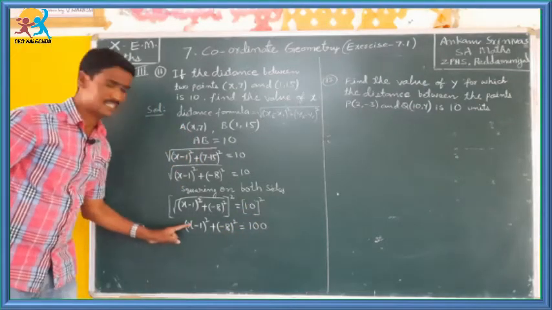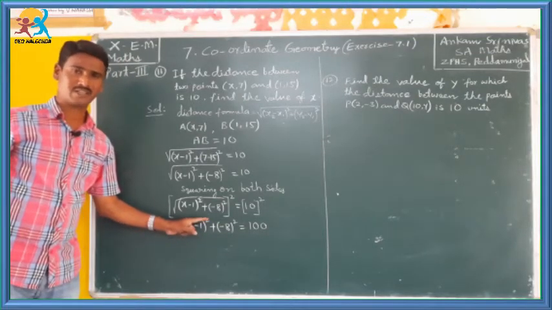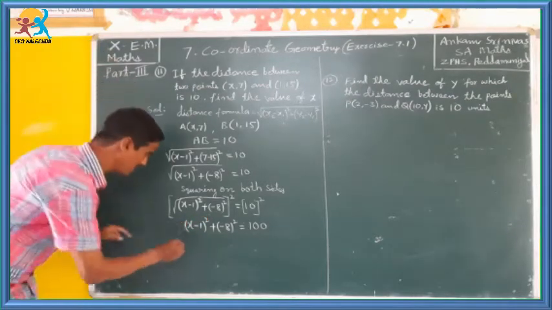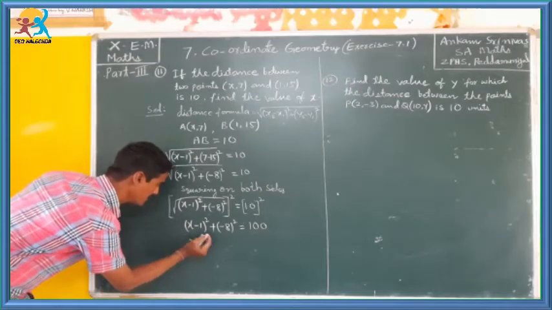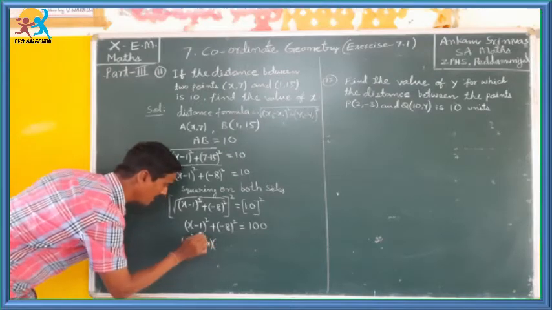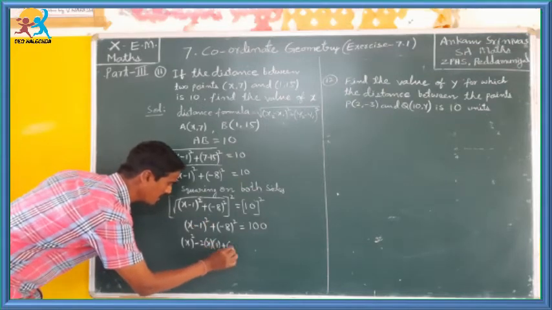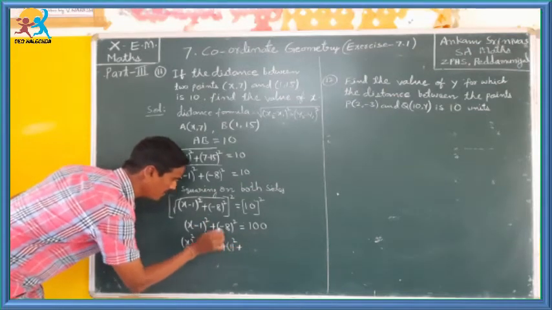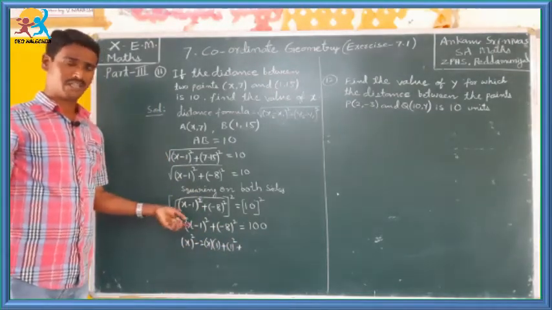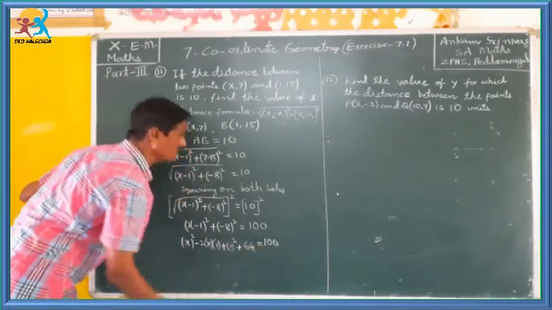Now what is the formula? x minus 1 whole square, using a minus b whole square equals a square minus 2ab plus b square. So what is the first term here? x square minus 2 into x into 1, first term into second term, plus second term whole square, 1 square. And minus 8 whole square, minus 8 into minus 8, 8 8s are 64, and minus into minus is plus, 64 equal to 100.